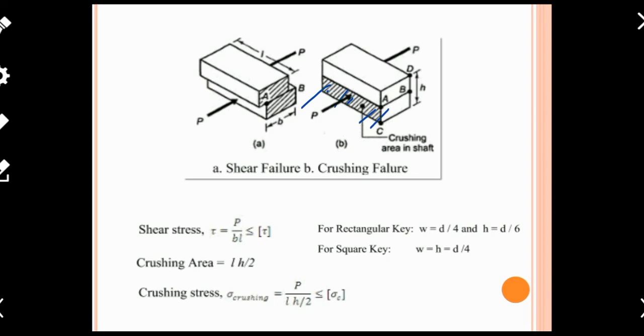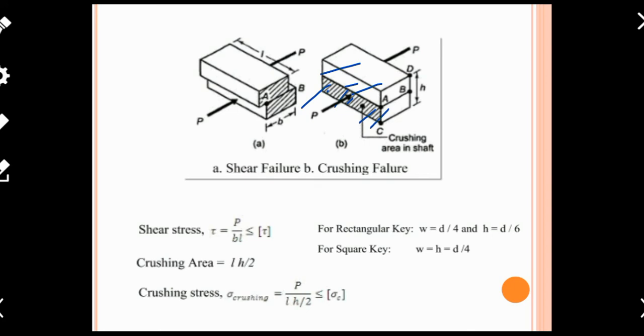One, the below part, or we can say the lower half, can fail in the slot cut in the transmission shaft, and the remaining top half of the key may get damaged or fail in the hub slot.